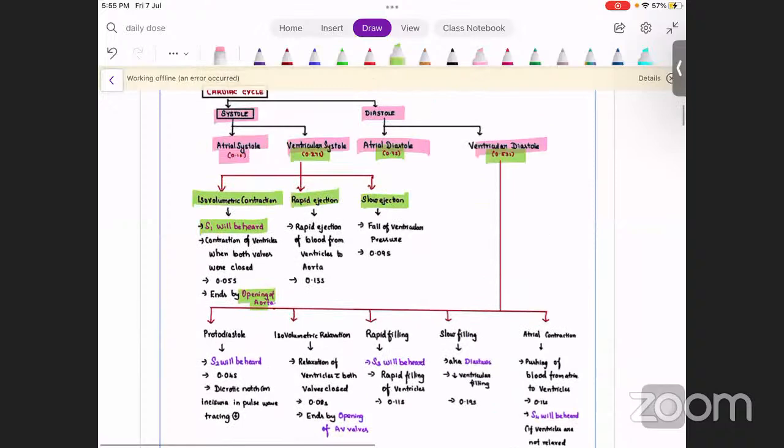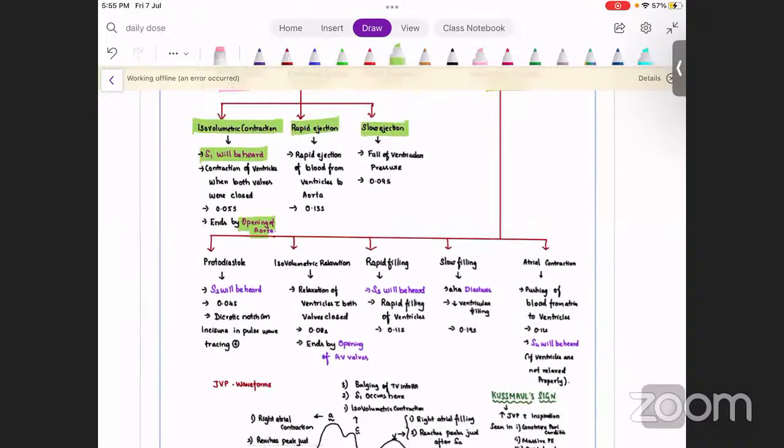Then in ventricular diastole, we have 5 phases: protodiastole, isovolumetric relaxation, rapid filling, slow filling, and atrial contraction.